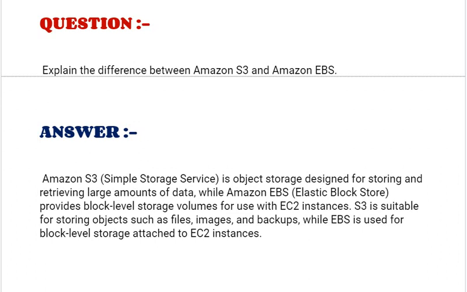S3 is suitable for storing objects such as files, images, and backups, while EBS is used for block-level storage attached to EC2 instances.